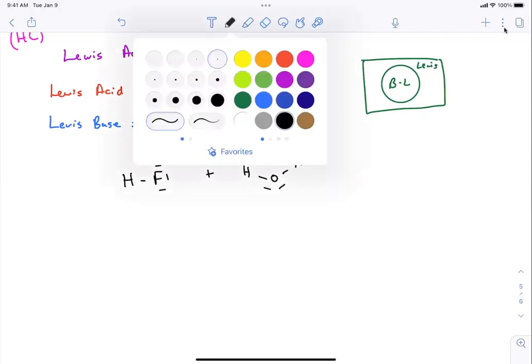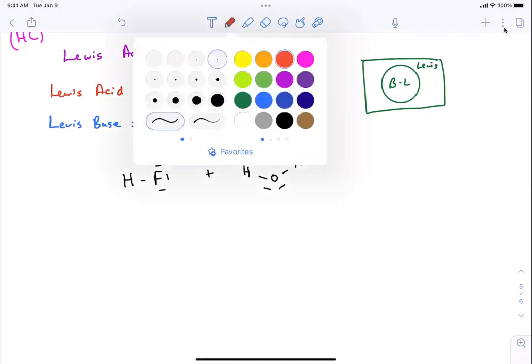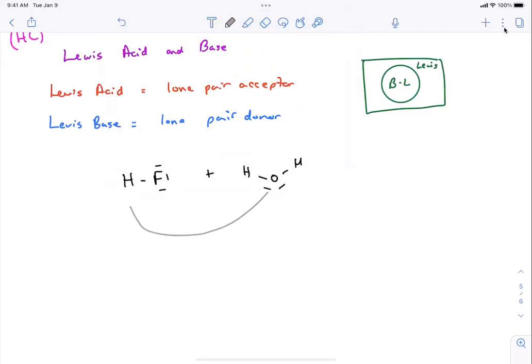So what happens here is this lone pair takes this hydrogen from the HF. But that means this lone pair of electrons is allowed to return back to the F because it's no longer needed to be shared. Okay.